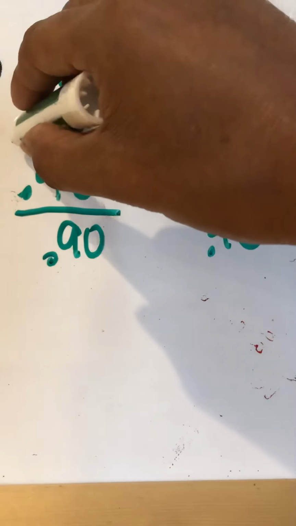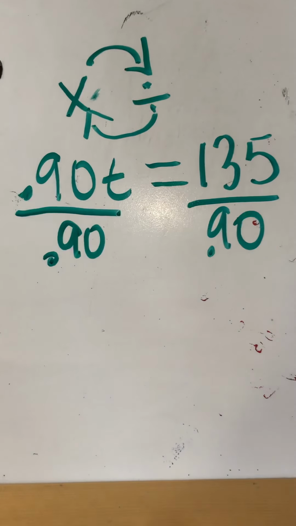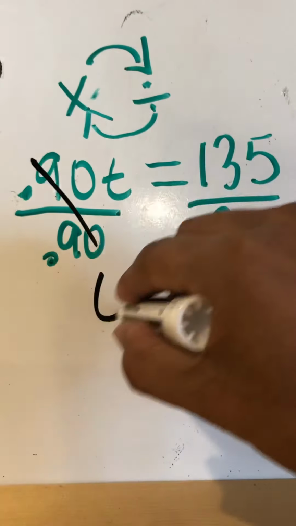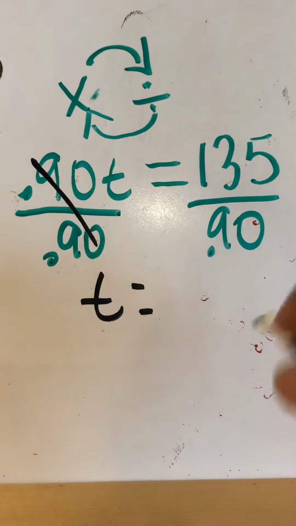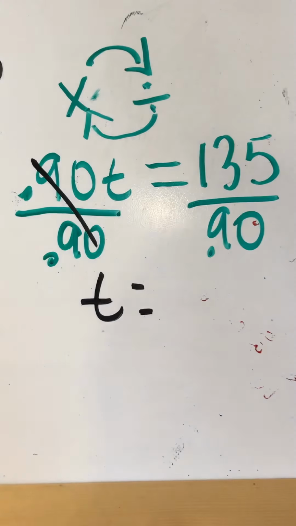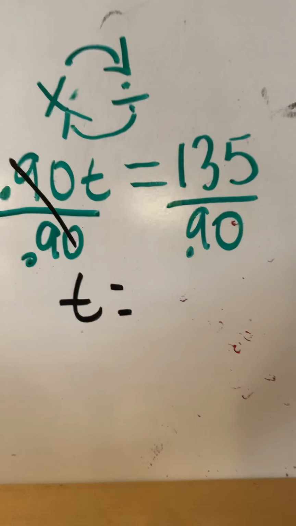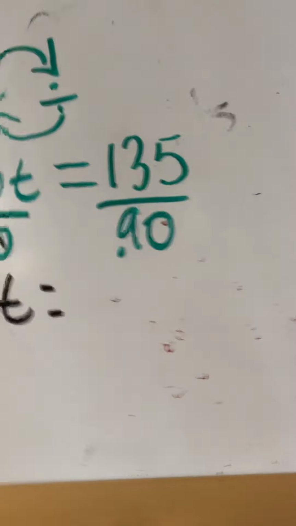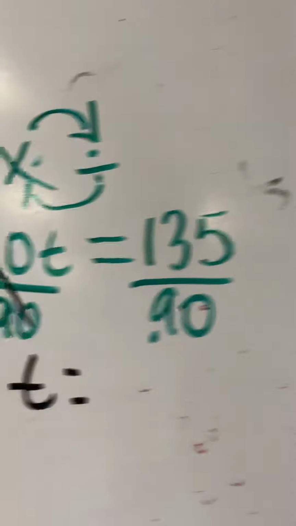Okay, so here, the 90 hundredths cancel, which only gives me T by itself. Well, what is 135 divided by 90 hundredths? Well, guess what? What a lot of you love, long division. So my numerator goes inside the box.